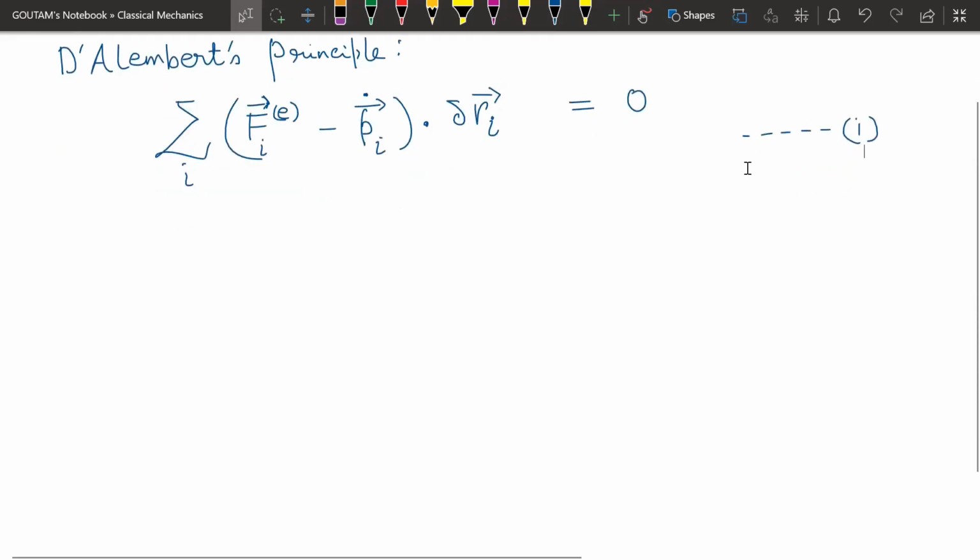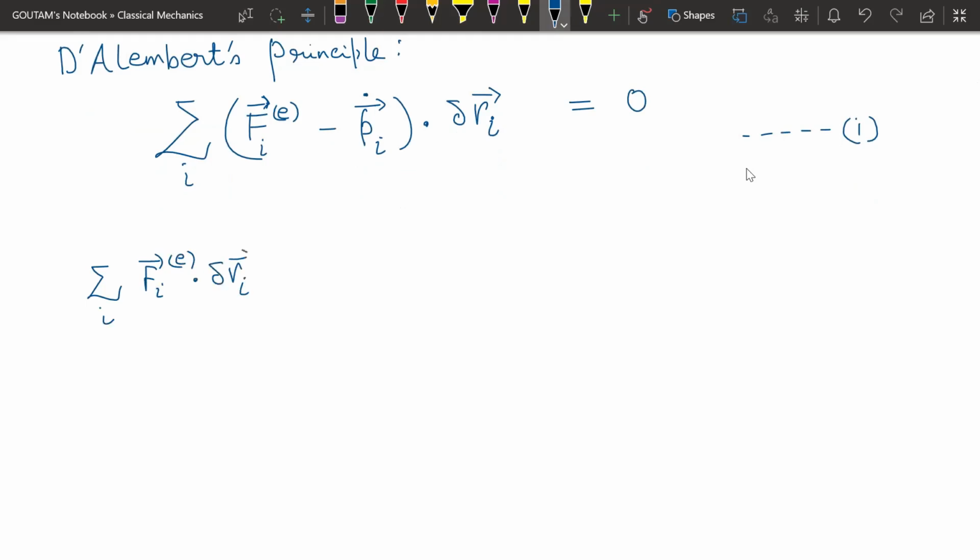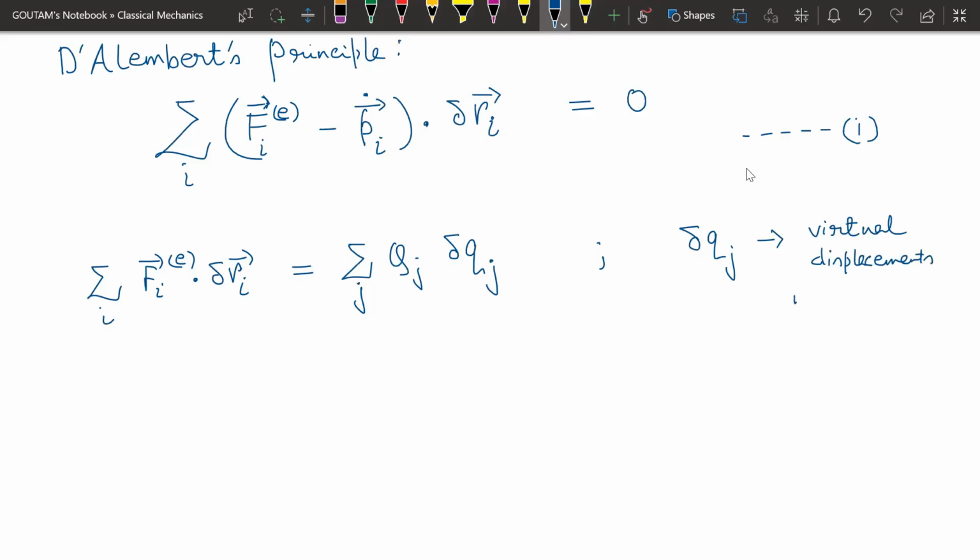There we also showed that the first term of the D'Alembert's principle, sum over i Fi external dot delta Ri, equals sum over j Qj times delta qj, where these delta qj are virtual displacements in generalized coordinates, which are basically an independent set of coordinates.